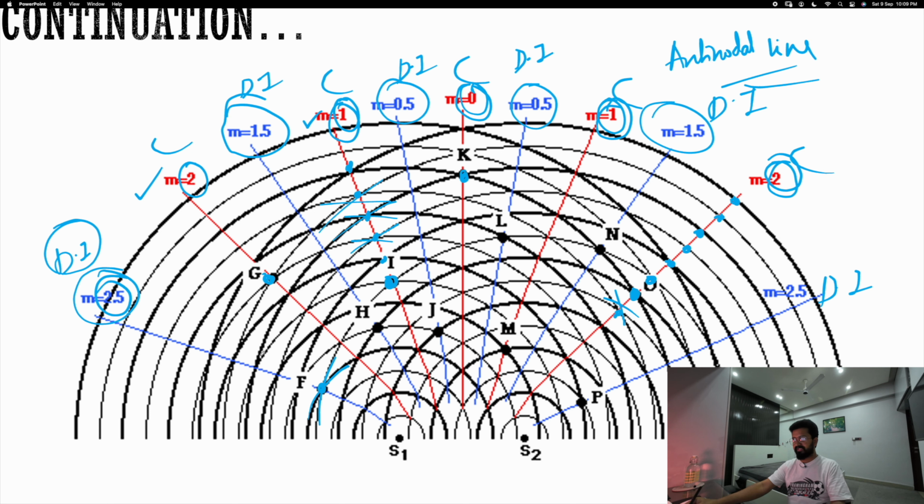But what about the blue lines? Blue lines are the points where the wave undergoes destructive interference, right? Look at those blue lines. Everywhere you have destructive interference happening. So these blue lines are called nodal lines, and the points on the nodal lines are called nodal points. Okay, so nodal lines are the lines on which the wave undergoes destructive interference.